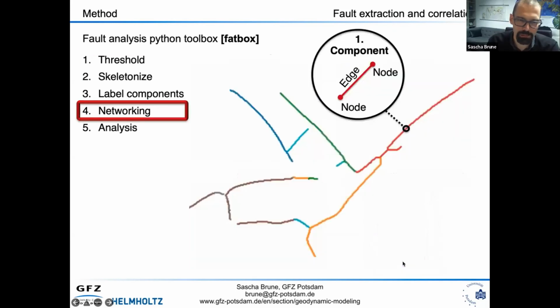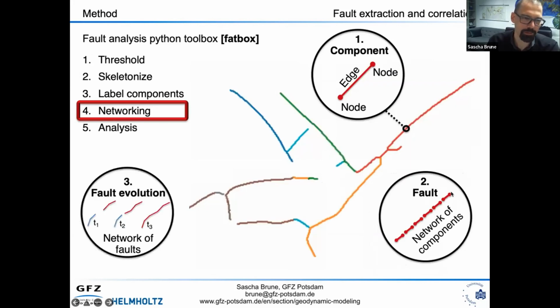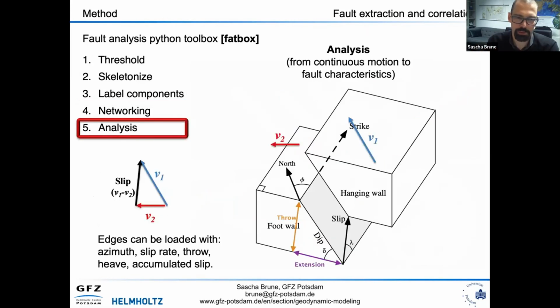This grouping follows a certain strategy where we have edges and nodes, and these edges are connected as a network of components to faults. Finally, we have to track faults through time, to follow them up and see their evolution. Then we can also extract properties like dip, extension, throw, kinematics, orientation.